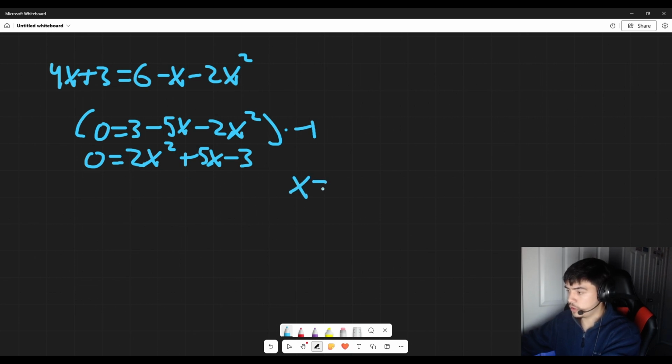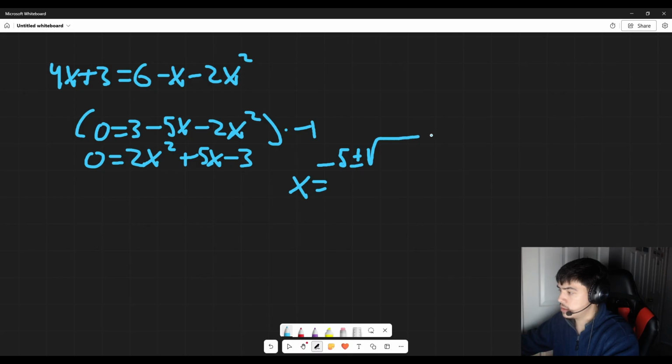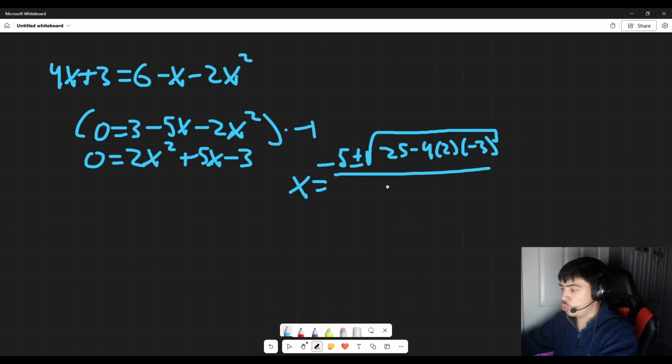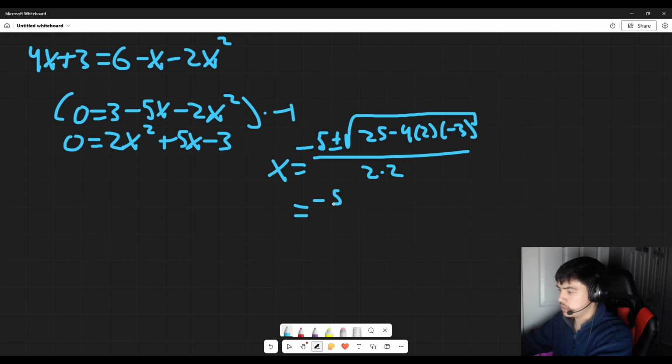So remember, quadratic formula is minus b, so minus 5 plus or minus square root of b squared, which is 25 minus 4 times our a, which is 2, times our c, which is negative 3, over 2a, so 2 times 2.